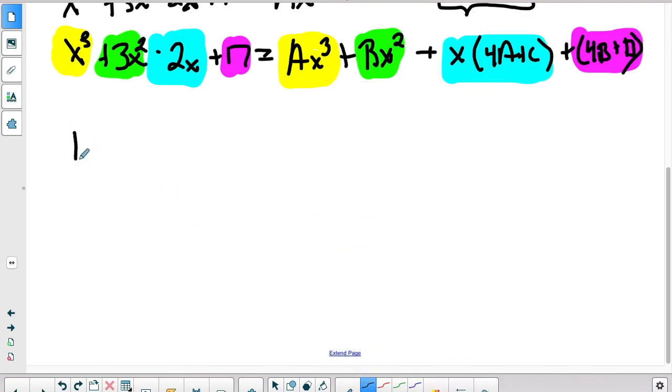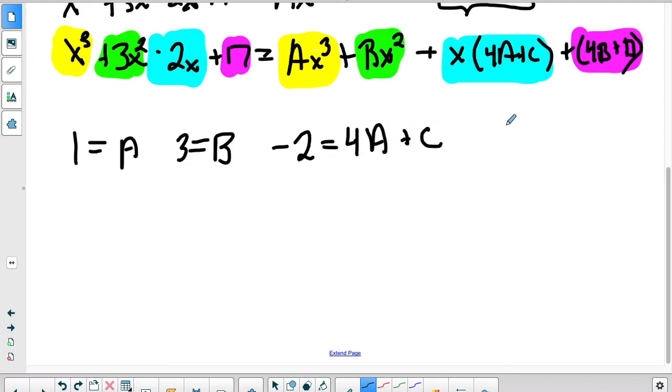So here we're saying 1 is equal to a, because there's not a number written in front of x cubed. It is assumed to be 1. Now, b and 3, so 3 is equal to b because those two match up. Now, negative 2 matches up with 4a plus c, and 17 matches up to 4b plus d. And that's how these match up here.